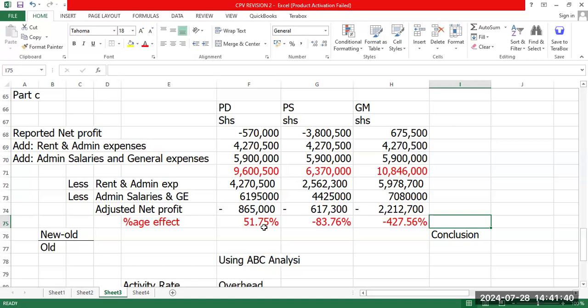But GM that appeared to be the best performing moved from a profit position to a huge loss position, which indicates that the cost allocating method was not fair. So, colleagues, that's all about this question. Any other question?